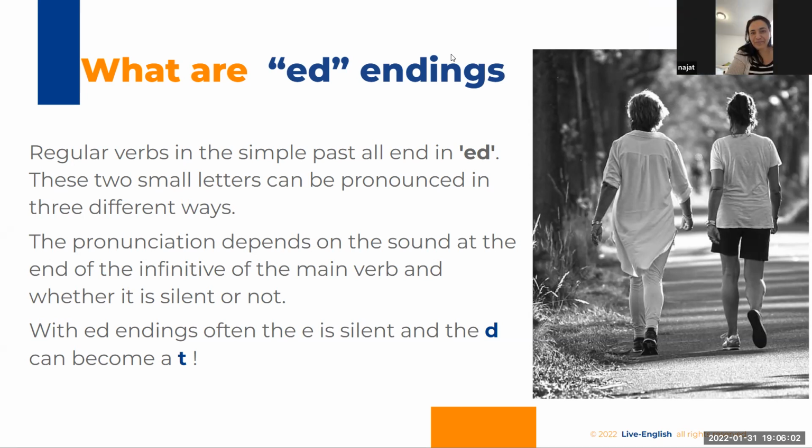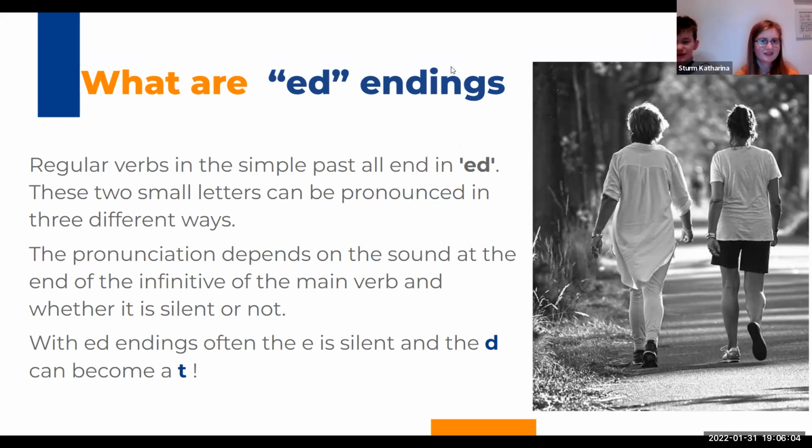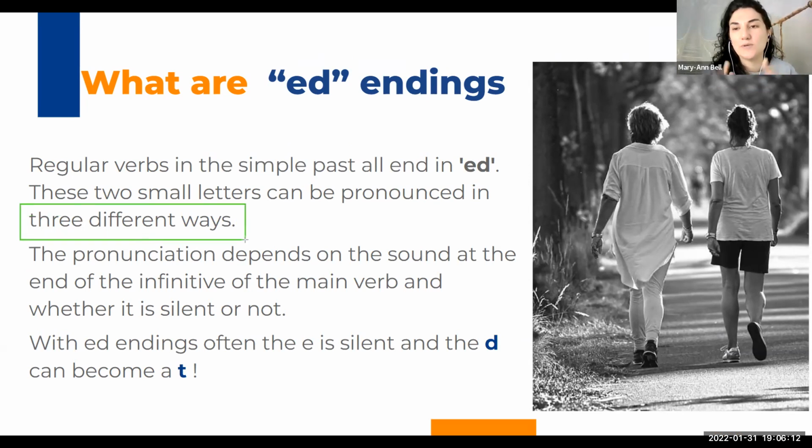Many. Did somebody say two? Yes, me, Najat. Two, nearly, Najat. There are three different ways to pronounce the ED. Okay? Three. Now, how do we know which pronunciation to use?